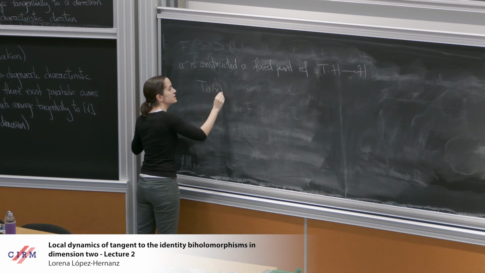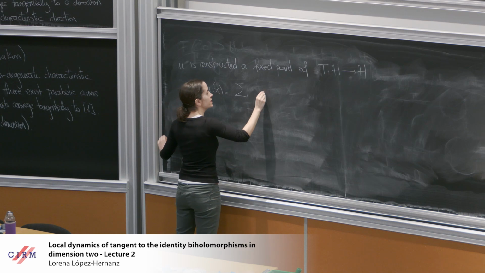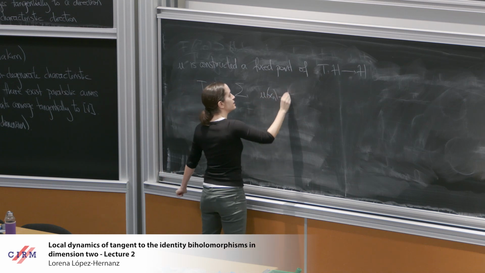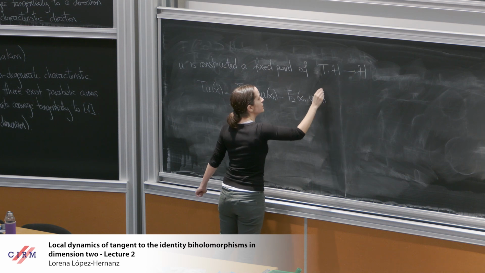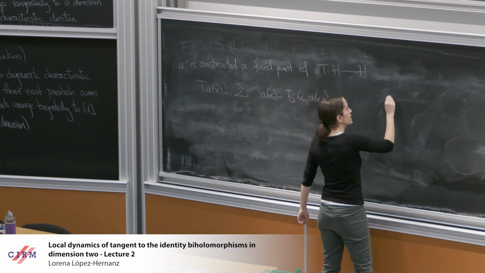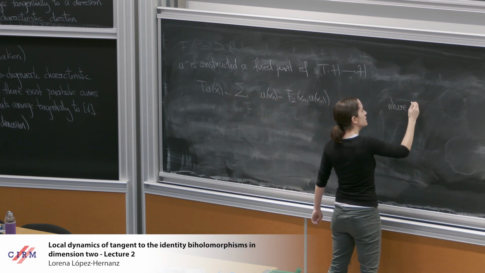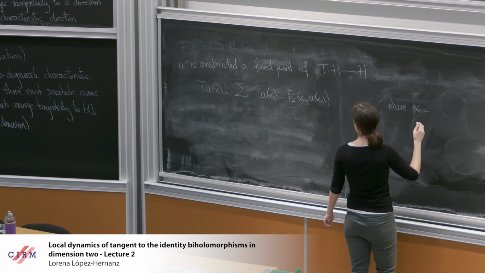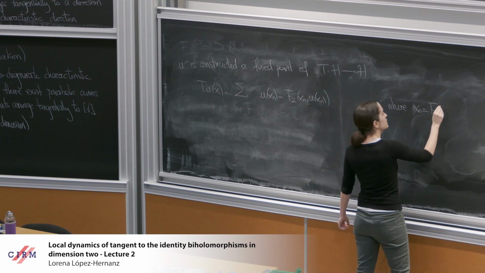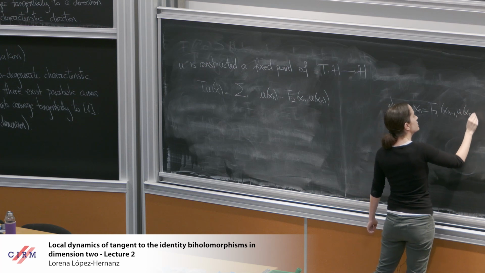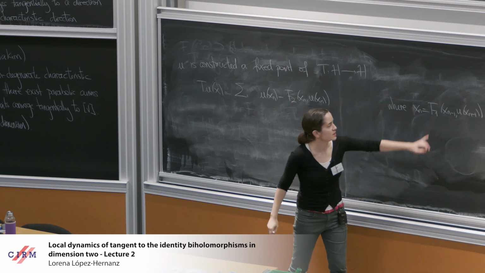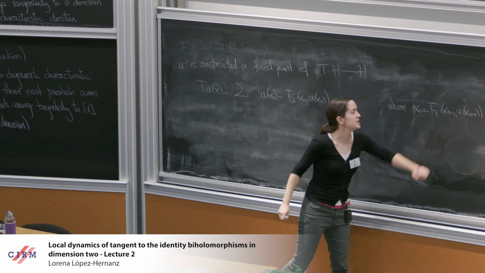T of u of x is essentially u of xn minus f2 of xn, u of xn, where xn is f1 of xn minus 1, u of xn minus 1, the first component of the orbit of these points.